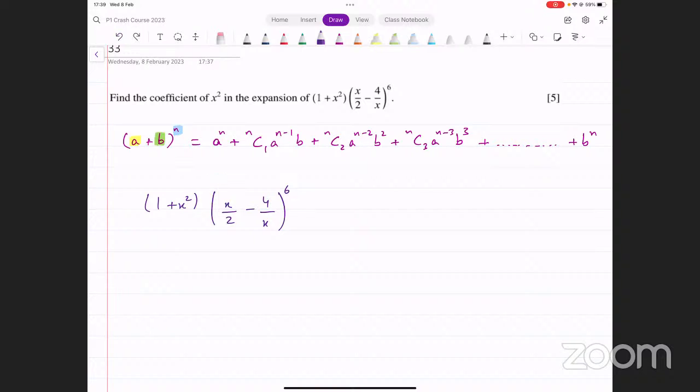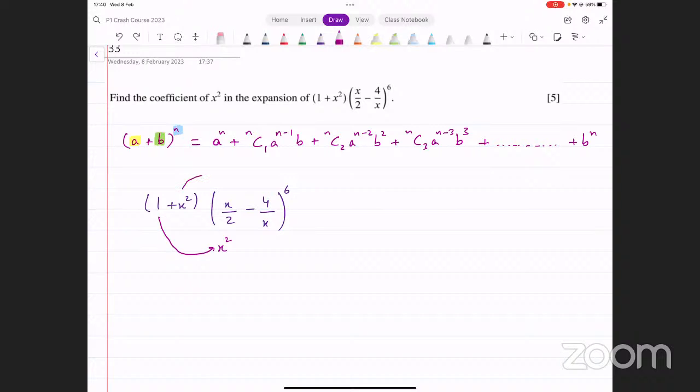Now, what multiplied by 1 in the other expression is going to result in the x squared term? A constant multiplied by x squared term is going to result in x squared. So we'll have to multiply 1 by x squared to get the coefficient of x squared. Okay. But that's not the only term that we need. We also have x squared here.